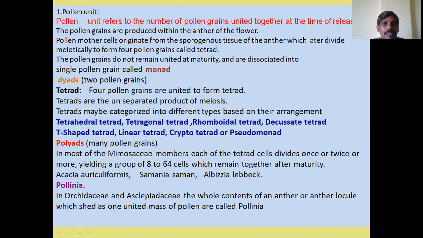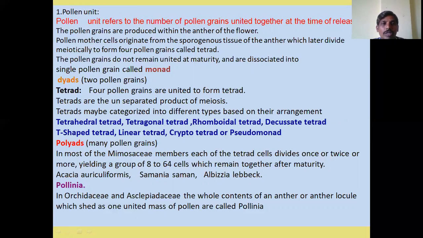The pollen grains do not remain united at maturity and are dissociated into single pollen grains or a few pollen grains. If at the time of maturity the tetrad pollen grains divide and dissociate into single pollen grains, that is called a monad.